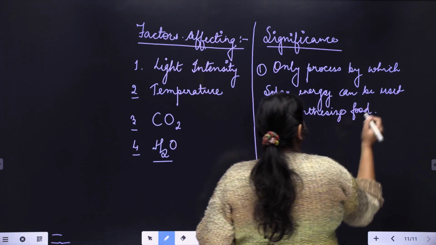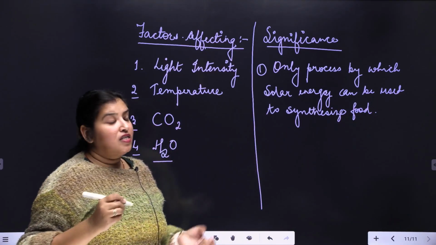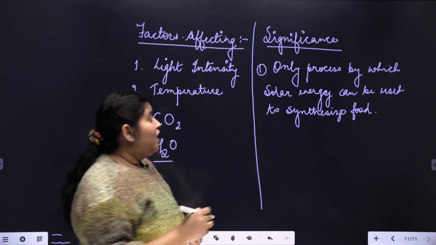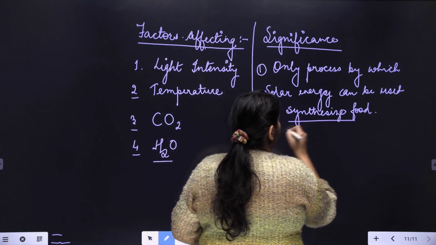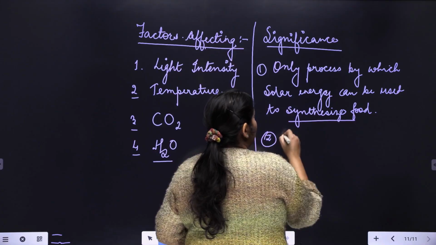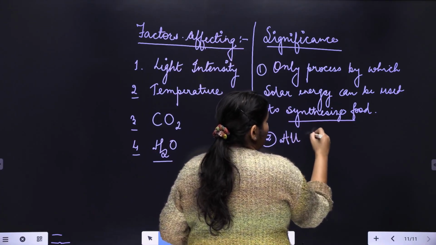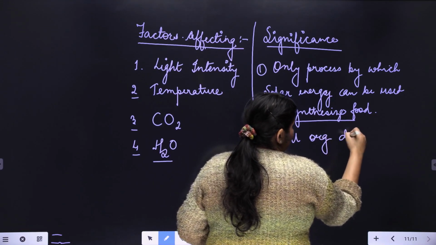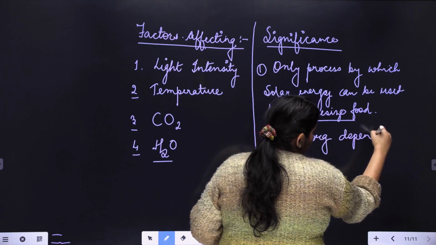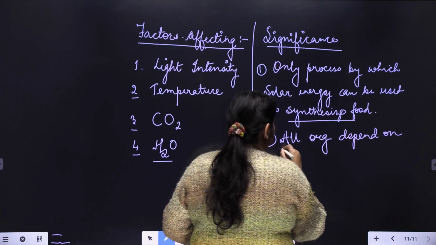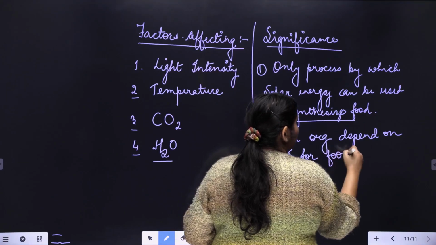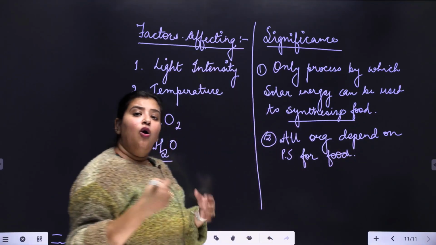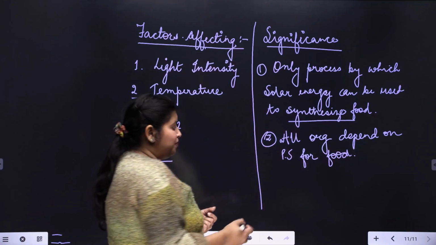The only process by which green plants can use the solar energy. And definitely this is the only way by which all the organisms can feed. So all organisms depend on photosynthesis for food. This is the only source of food for all the living organisms on earth.